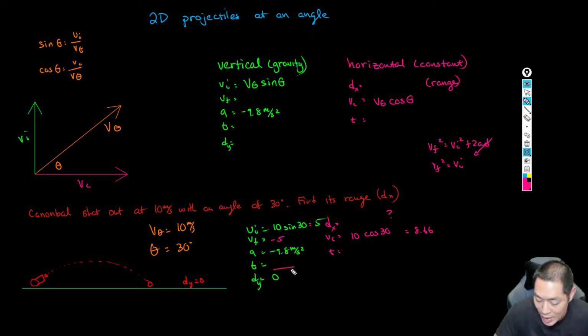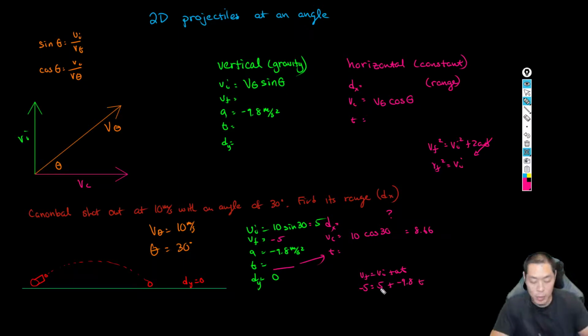We're looking for time because time is related to that one. So if we solve for it, the easiest equation to solve for time, in my opinion, is VF equals VI plus AT. VF is -5, VI is 5, plus -9.8 T. So we get 10 divided by 9.8.